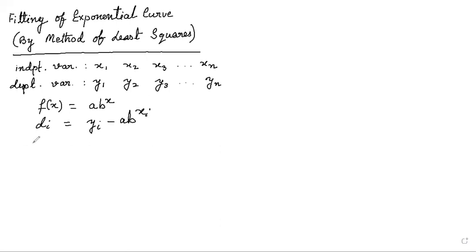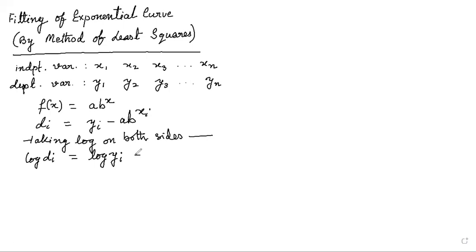So taking log on both sides, we will have the equation log d_i equals logarithm of y_i minus log a plus x_i log b.